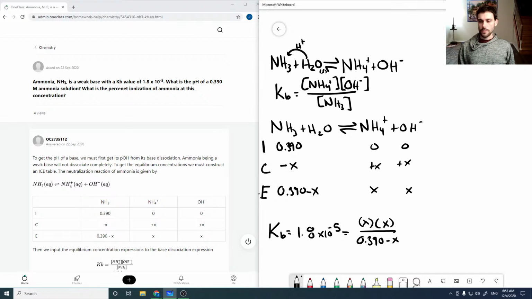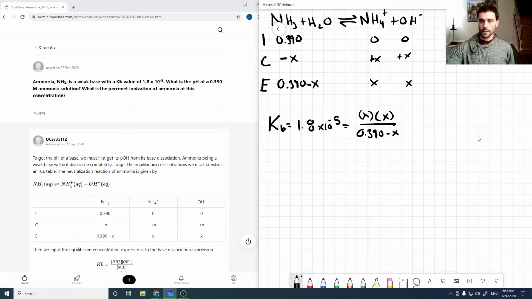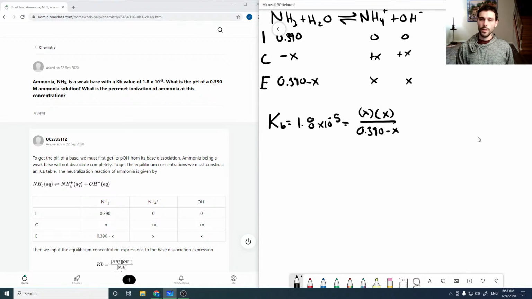So we're going to take one simplifying step here and say that because our Kb value is so small, 10 to the minus 5, it's quite likely that x is going to be small. And so this is approximately 0.390. And so what this comes out to is 1.8 times 10 to the minus 5 is equal to x squared over 0.390.